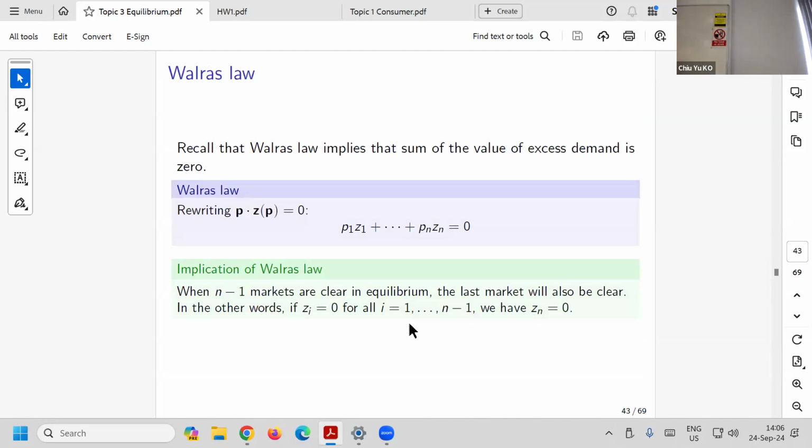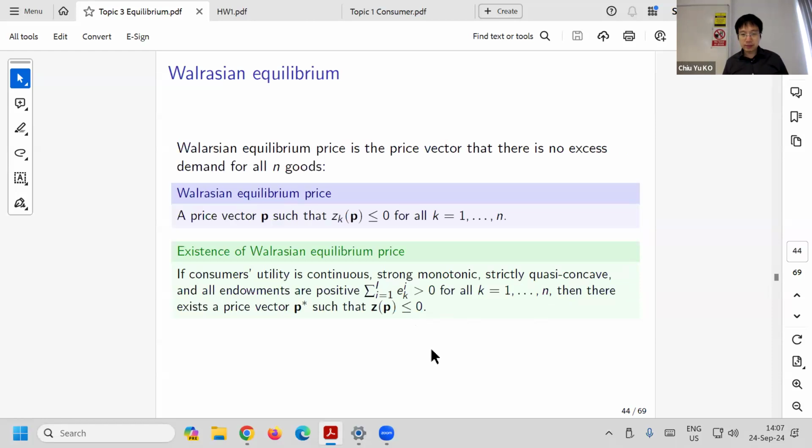And you may ask, why do we care about this? This immediate thing may or may not be important to you, but you will say when N-1 markets clear, the last one will clear. Because if everything is 0, the last one will be 0. Of course, it's not very important, but that is what it says.